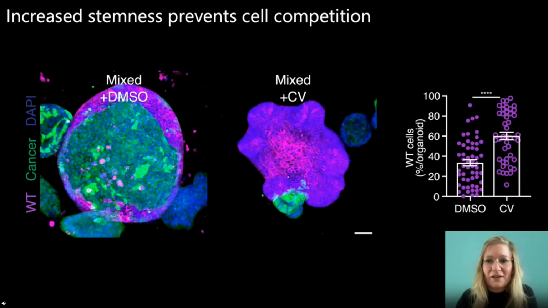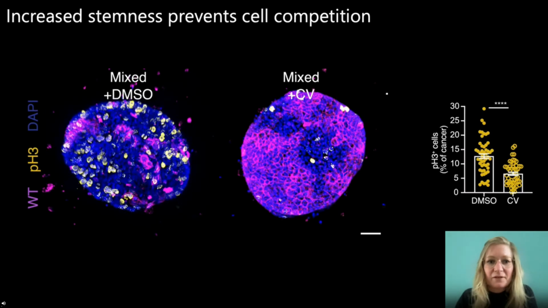Importantly, when we next evaluated the impact of prevention of this cell state transition on the outcome of competition, we found that this is sufficient to protect the wild-type populations and prevent their elimination, as confirmed by the quantification here.